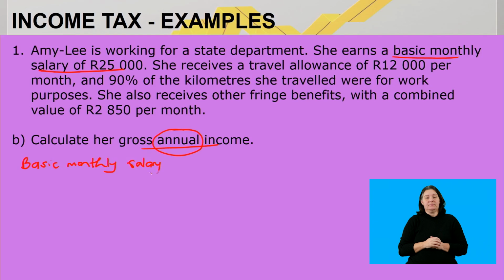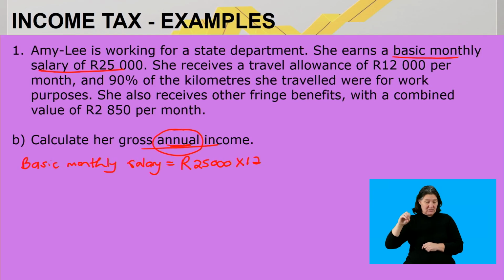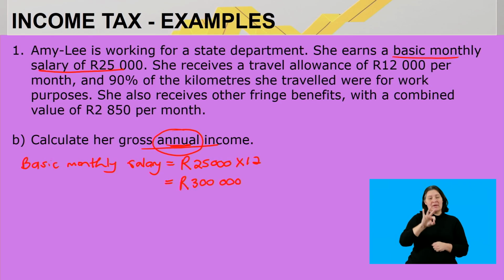So therefore, I'll take the 25,000 Rand and I will multiply that by 12 first. Remember, we must calculate an annual value. So 25,000 multiplied by 12 months, that will give us gross annual income of 300,000 Rand. Are we clear? What else will I now use? I will use the travel allowance, right?